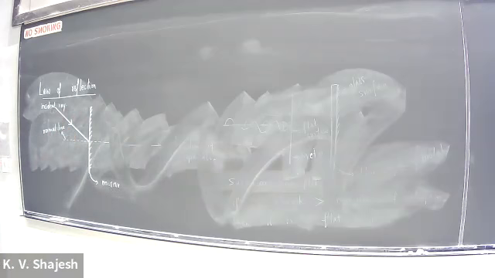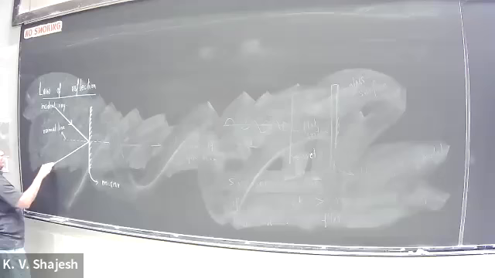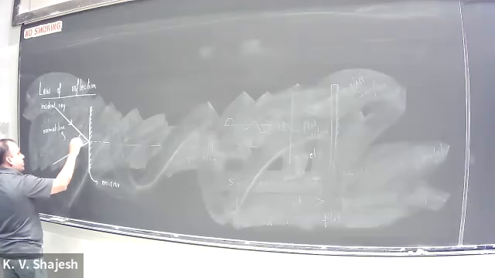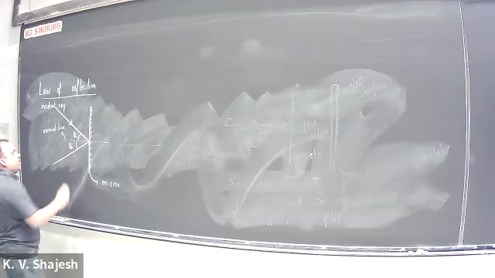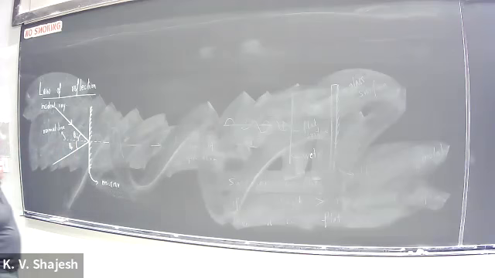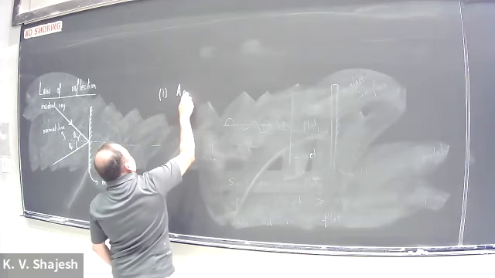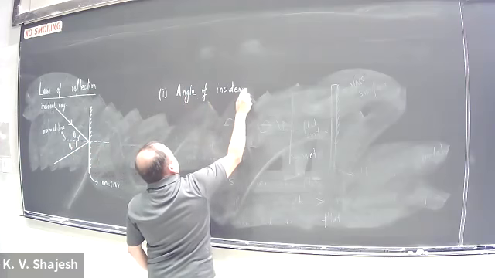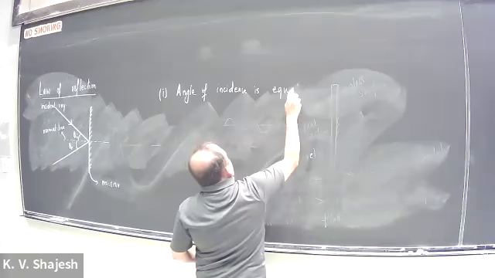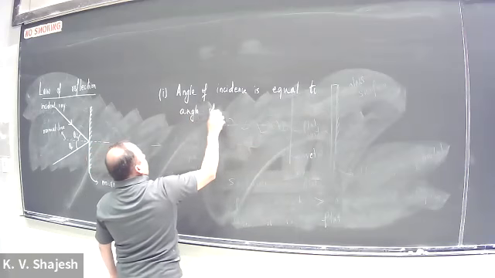What happens to this incident ray? It goes in such a manner that the angle it makes with the normal line is exactly the same. So this angle theta, let's call it theta incident, is exactly the same as theta reflected. So you have two properties. One is the angle of incidence is equal to the angle of reflection.